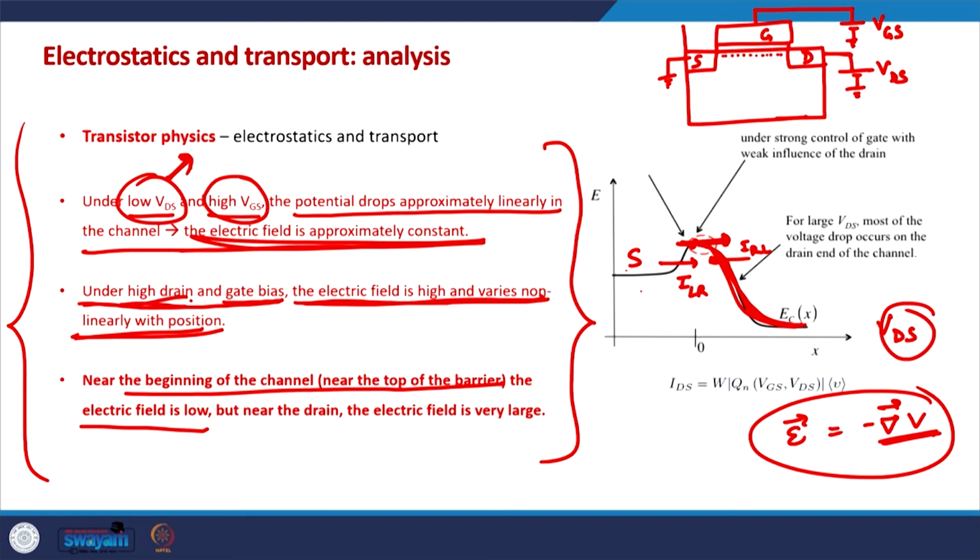By relating the current to the barrier height, we have also seen how this current is dependent on the charge in the channel and the velocity of the electrons with which they cross the barrier.